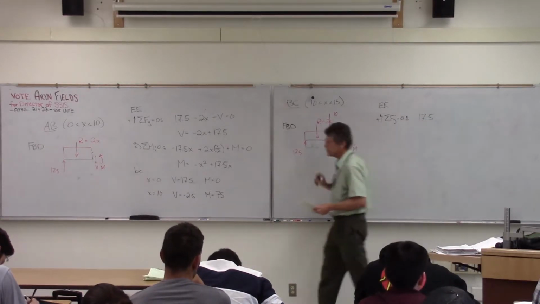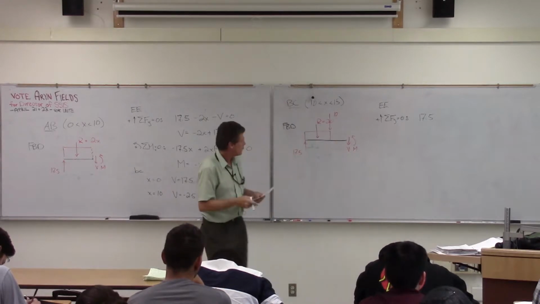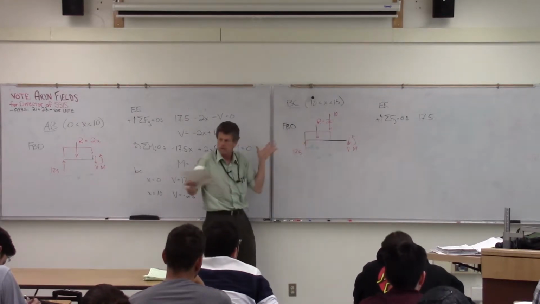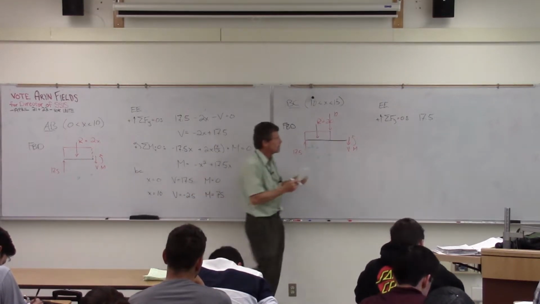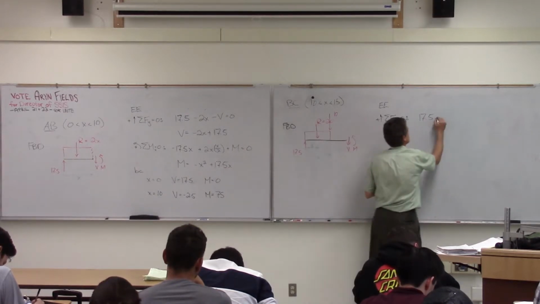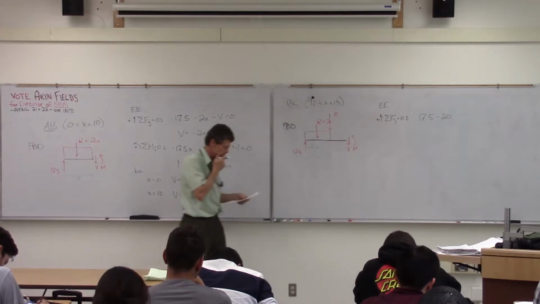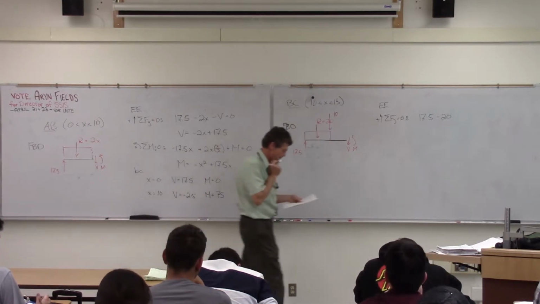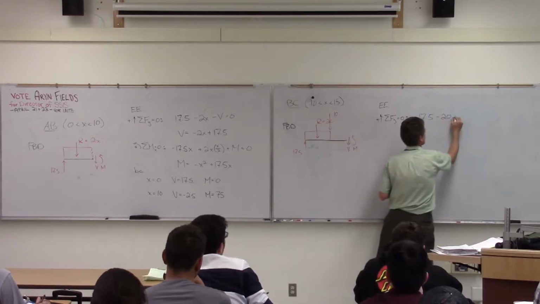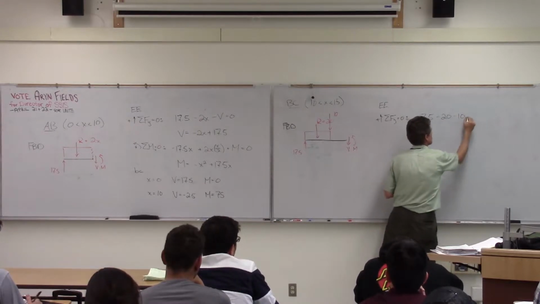Okay, so I've got my 17.5. Now when I consider that uniform load, again I'm using my equivalent load, it doesn't change. So I'm going to now have a minus 20. And then in addition to that, I've got that concentrated load, which now shows up.